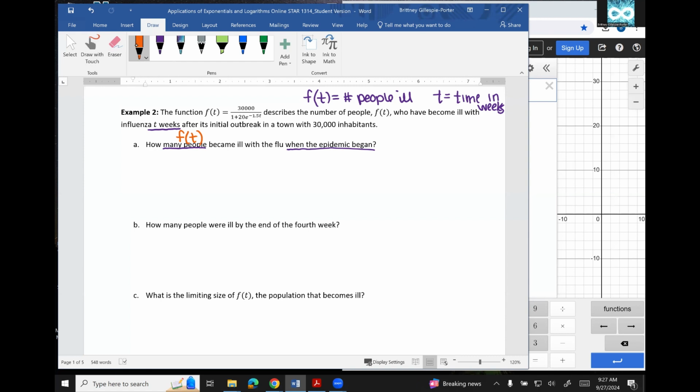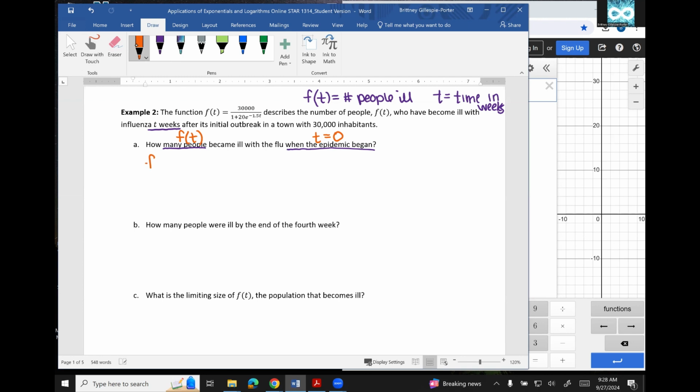When an epidemic begins, when anything begins, we start with our time equal to 0. So this means that we need to find f of t, or our function, when t is equal to 0.